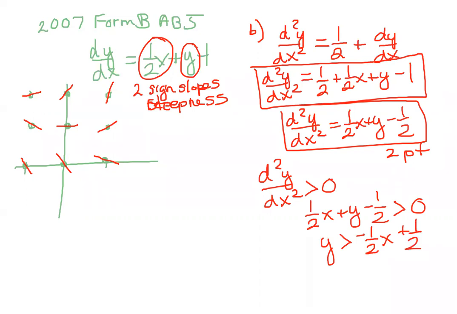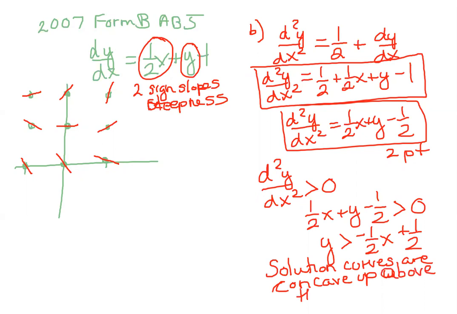So our description would be solution curves are concave up above the line y equals negative 1/2 x plus a half, or something like that. Okay, you get 1 point for that description right there.